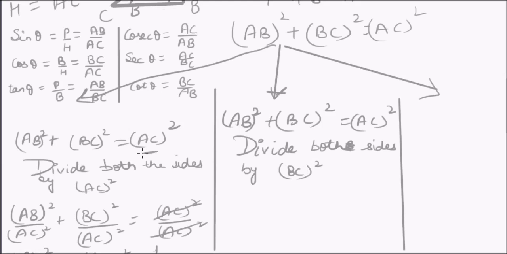Earlier we have divided by AC whole square. Now we are dividing by BC whole square. In the next step we will be dividing by AB whole square.